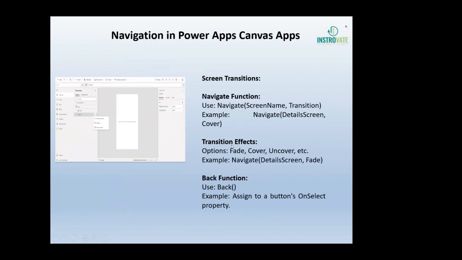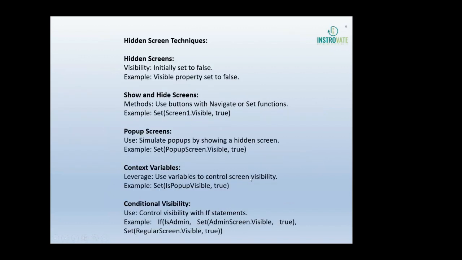Now for the transition effect, you can choose Navigate with detail screen and Fade. It will create a transition effect of fade. Similarly, you can use the Back function. Now these are hidden screen techniques. Like visibility, you can initially set the Visible property to false.